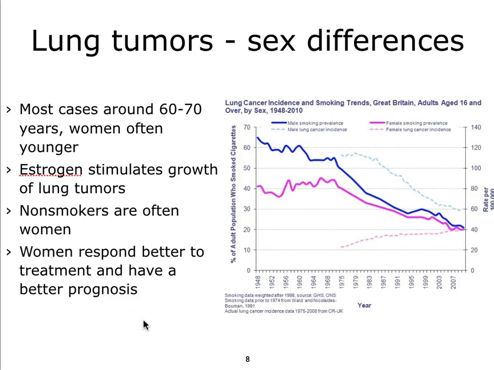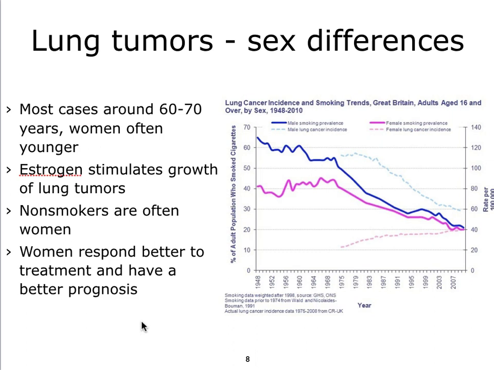Of course, also for this lung disease there are sex differences. Most of the people that develop lung cancer are older and have been smoking for a very long time. But what is often seen is that when women develop lung cancer, they're often younger. So also pointing at the fact that they tend to be more sensitive to the effects of smoking.